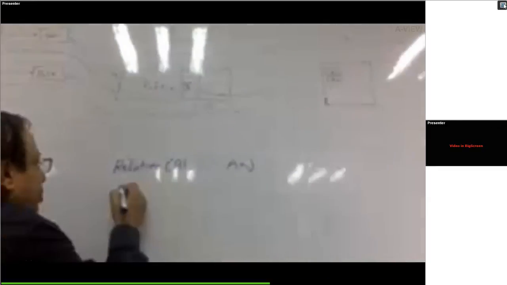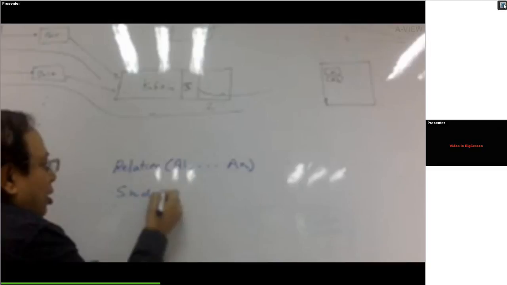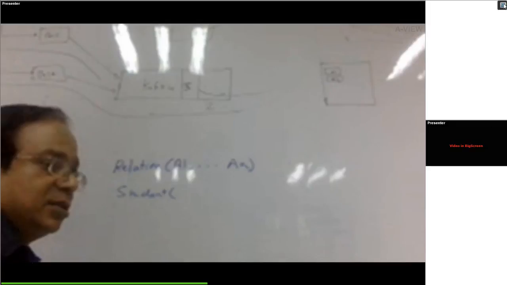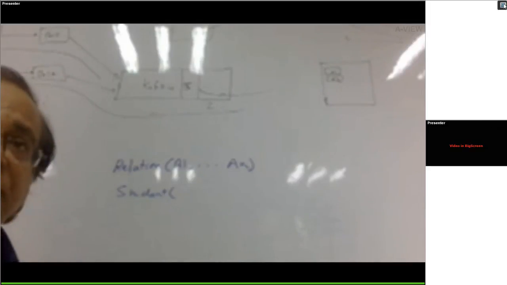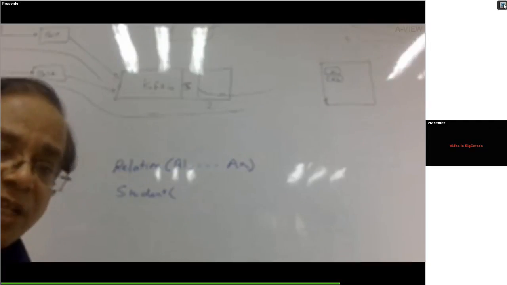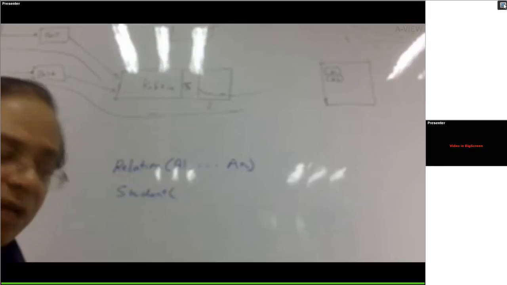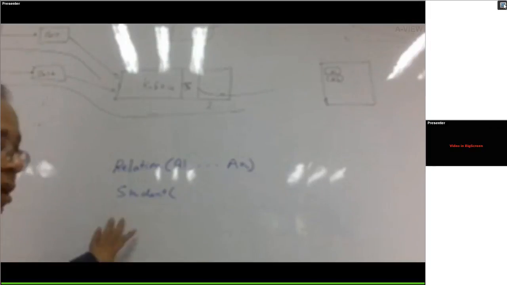An example for a relation is student. This is equivalent, in predicate calculus, to just a predicate having a set of attributes. This relation is the same as, in the entity relationship model, every entity.